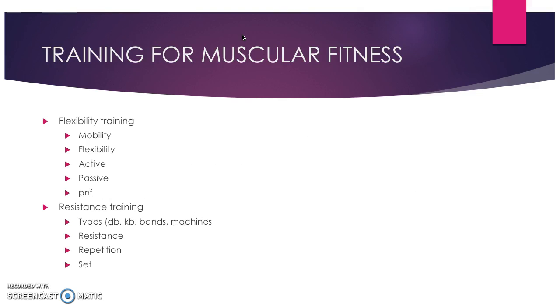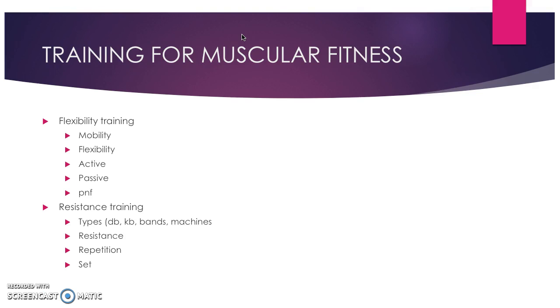Training for muscular fitness. So we have flexibility training: mobility, flexibility, active, passive, and PNF. Mobility, again, is range of motion among the joints. Flexibility, range of motion among muscles. Active is the ability to actively stretch a muscle or group of muscles while keeping half the body system static or not moving. Passive is partner stretching, so somebody else stretching you out.